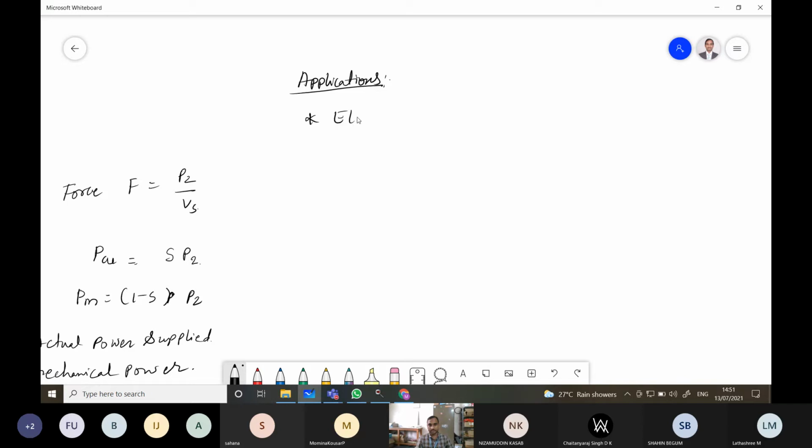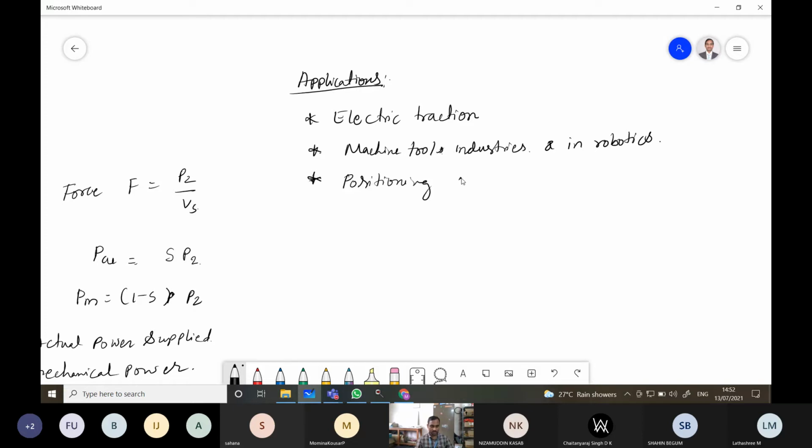One is electric traction, machine tools, that is tool industries, and also used in robotics: robotic arm movements, positioning, manipulators, operation, and reciprocating compressors.